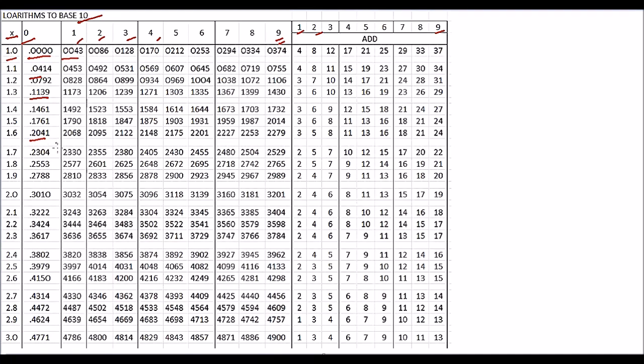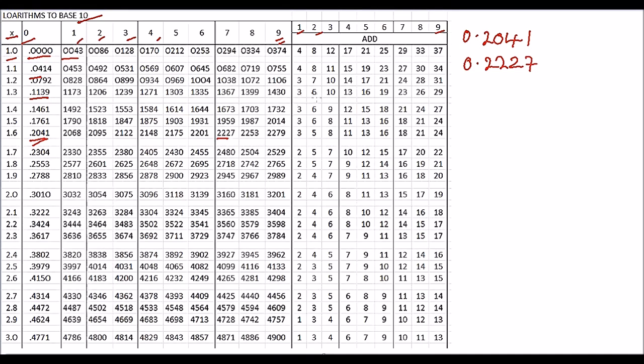For example, this is supposed to be read as 0.2041, this one. Because it has a decimal point here, if we take a number like this one, it should be read as 0.2227. So that is how we read the numbers.